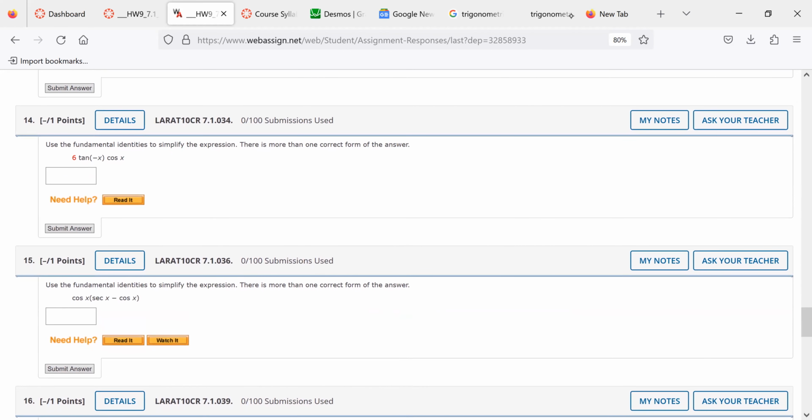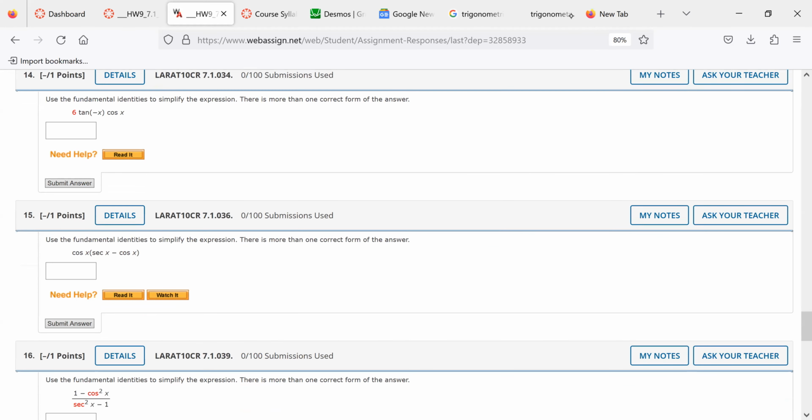Number 14, use the even and odd properties for tangent, and then it'll reduce because the cosines will cancel. So you'll end up with a negative sine x for that guy times 6, negative 6 sine x.